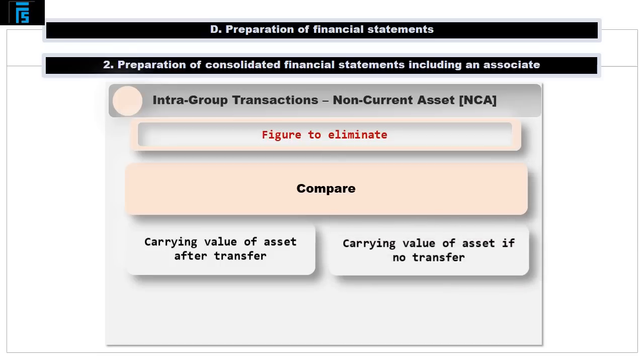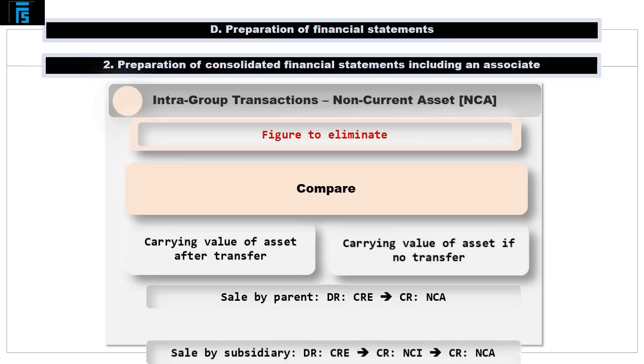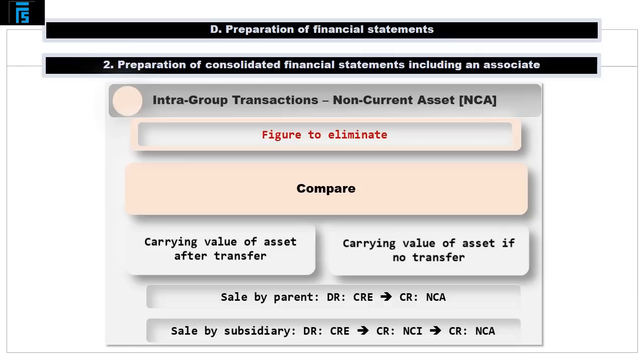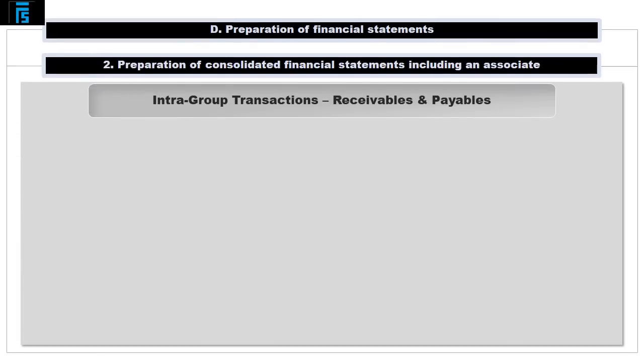That is, what the carrying amount would have been had the transfer never taken place. The amount of unrealized profit must then be eliminated from consolidated non-current assets and from the retained earnings of the group, if the item was sold by the parent, or from consolidated retained earnings and non-controlling interest if the item was sold by the subsidiary.